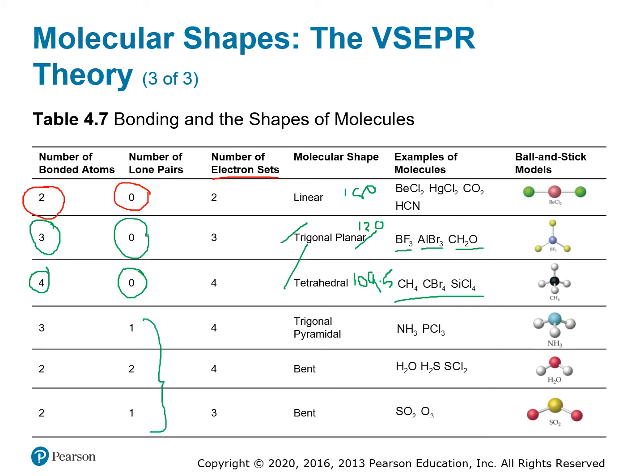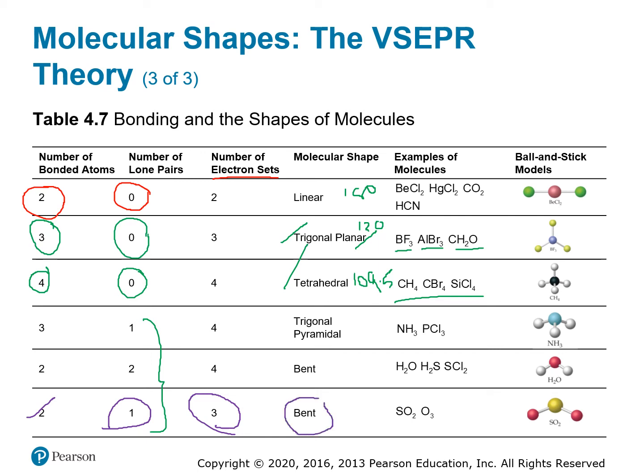Okay, so I'm going to go in the reverse order now. When you have 2 bonded atoms and 1 lone pair of electrons, when there was no lone pair, it would have been linear, but now the inclusion of 1 lone pair leads to 3 electron sets, and in that case our shape becomes bent.